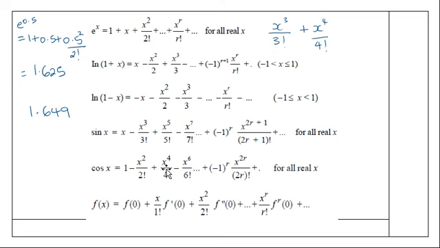Now, at the bottom, you will see this is the actual formula for generating the Maclaurin series. So even if they had not given these to us, we could have generated them from this formula here.